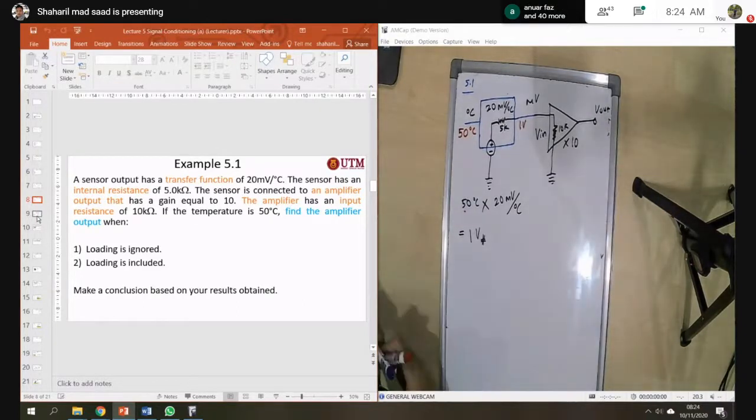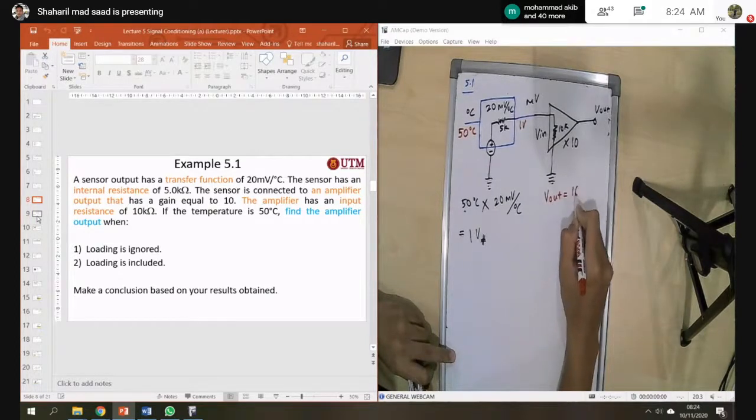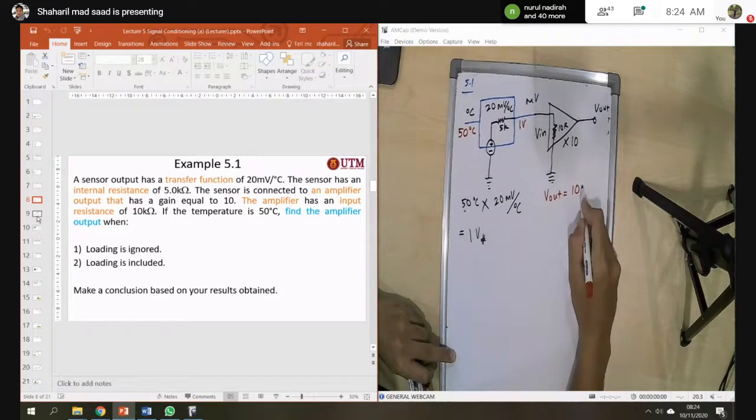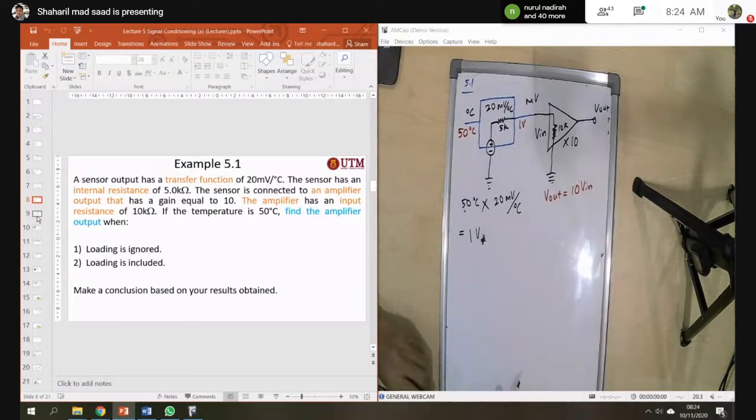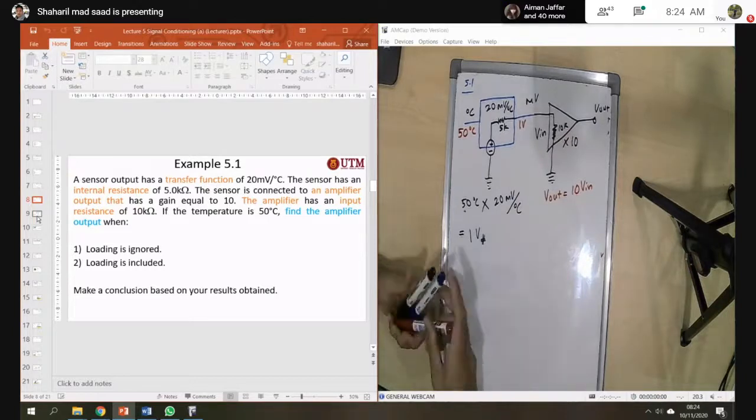So our objective is we want to find the V out. We know that V out is 10 times V in. So how to find the V in when the loading is ignored?